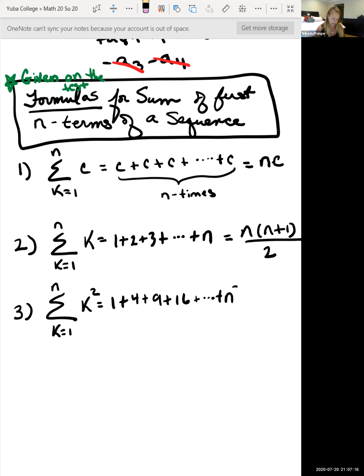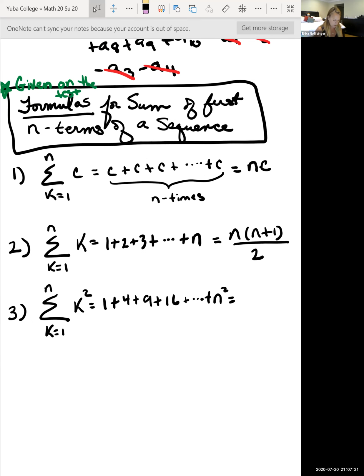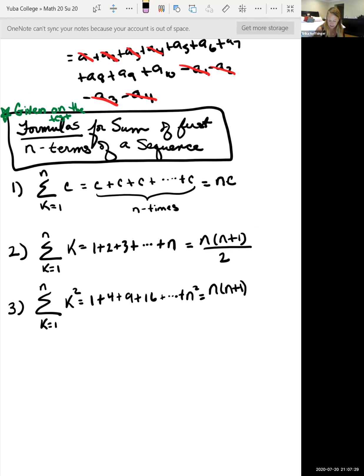The formula is going to be n times n plus 1, times 2n plus 1, that quantity, all over 6.